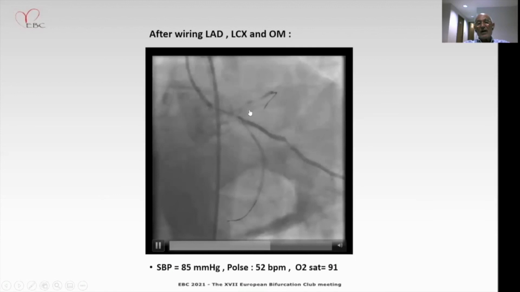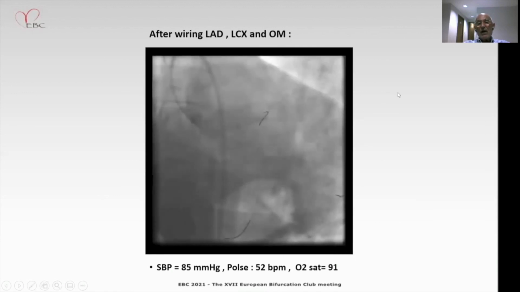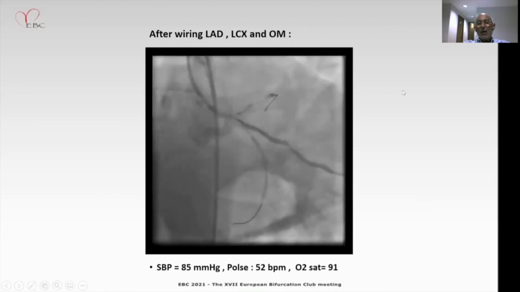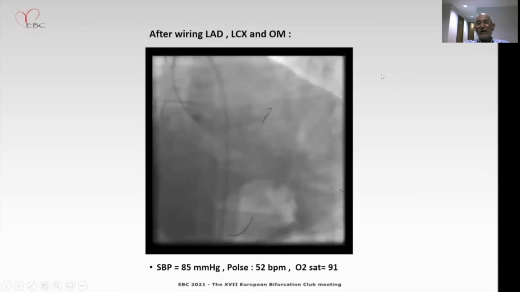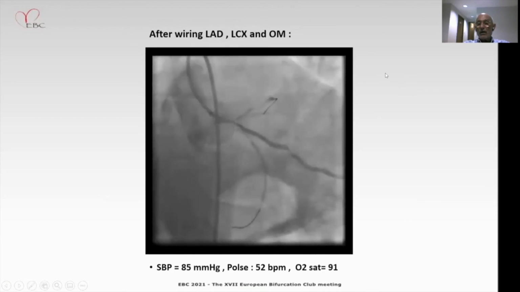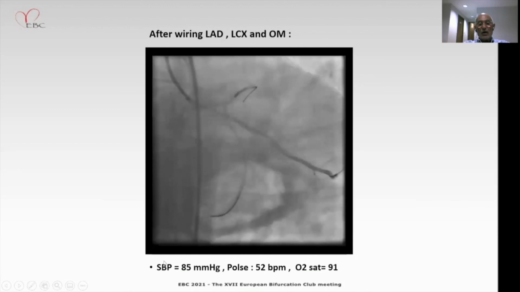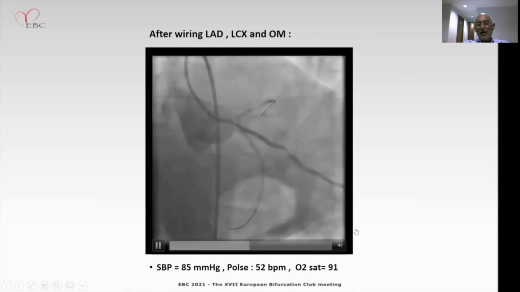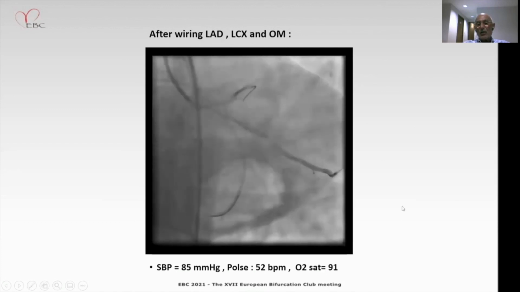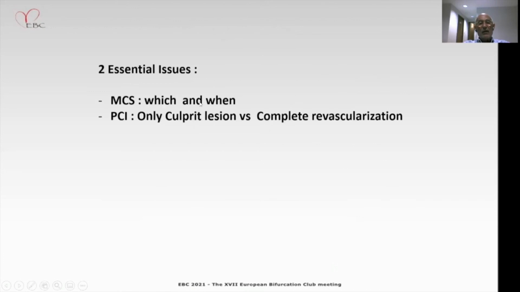Soon after wiring the 3 branches, hemodynamic stability deteriorated to cardiogenic shock, systolic blood pressure fell to 85, and oxygen saturation to 91%. Then we had 2 essential issues: mechanical support, which and when, and angioplasty, culprit lesion only versus complete revascularization.